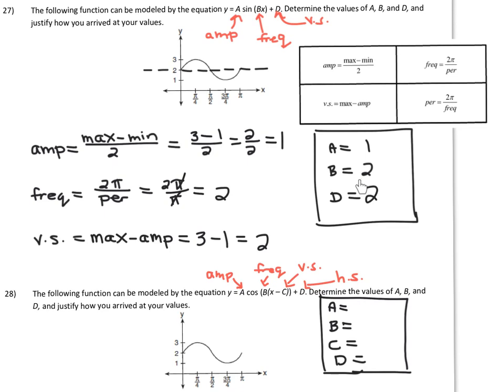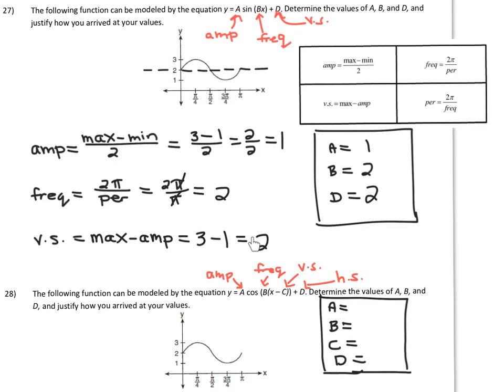The frequency is the number of complete cycles between 0 and 2 pi. So let's think about this. If we're fitting 1 cycle between 0 and pi, if we were to go to 2 pi, wouldn't we fit another cycle? So we would fit 2 cycles. And the vertical shift is just how far you had to shift up to get to your midline. So the midline is at 2.